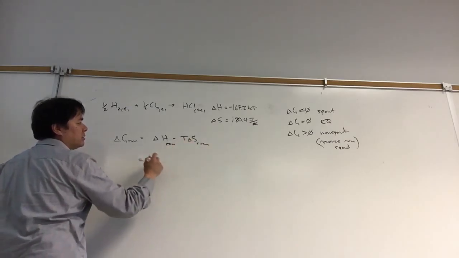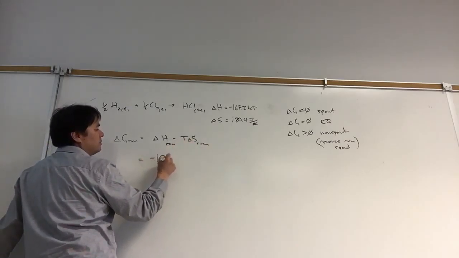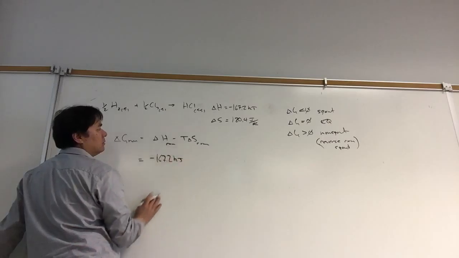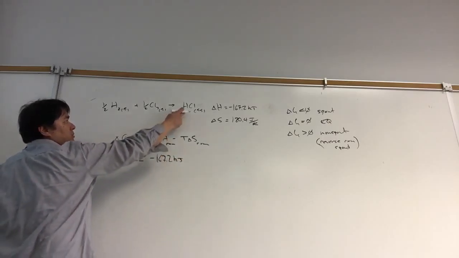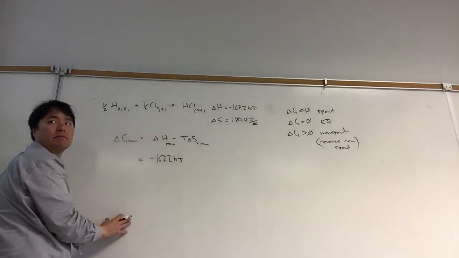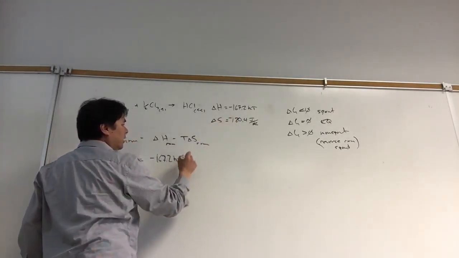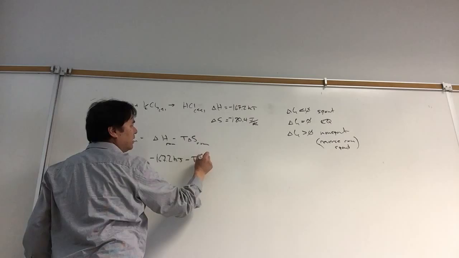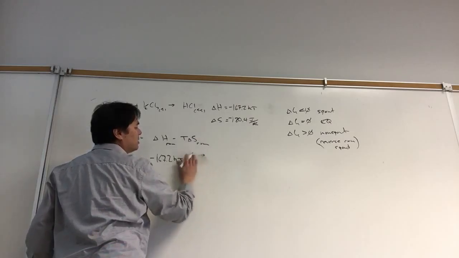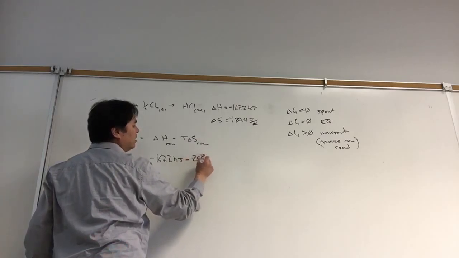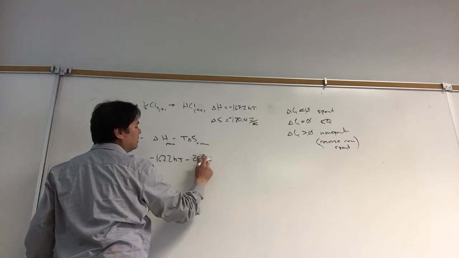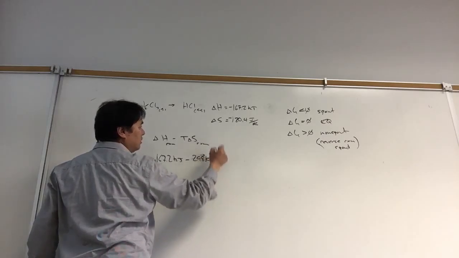Our system is the reaction. So this is minus 167.2 kilojoules. I'm getting rid of the mole because we're forming 1 mole of HCl. Minus T delta S. Well, what is the temperature? 298 Kelvin.